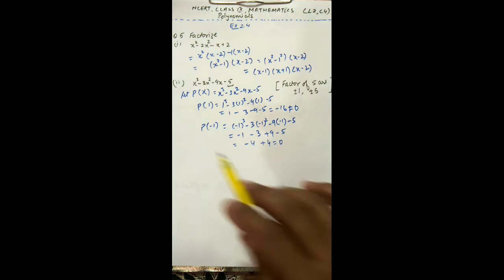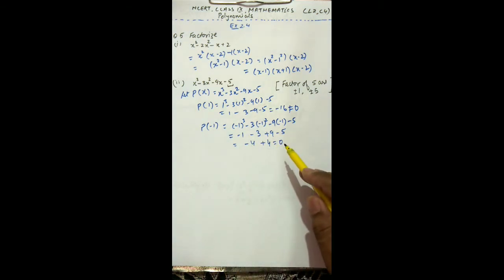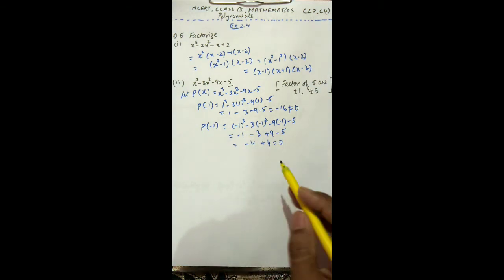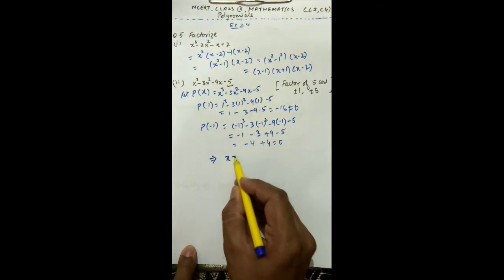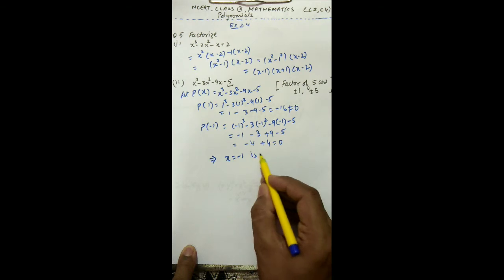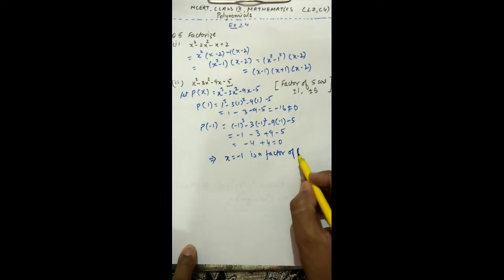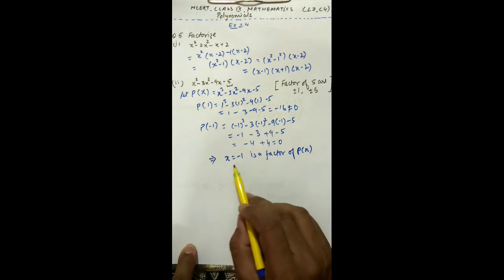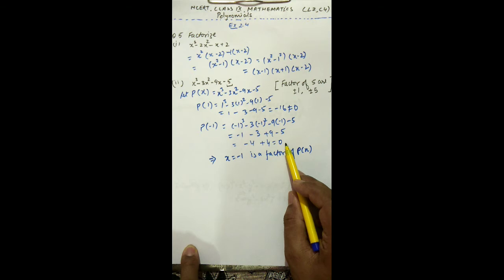When you get one value of x which makes your polynomial 0, you stop there. Now what we can say from this is that x equal to minus 1 is a factor of p(x), because after putting x equal to minus 1, we are getting the value of the polynomial as 0.